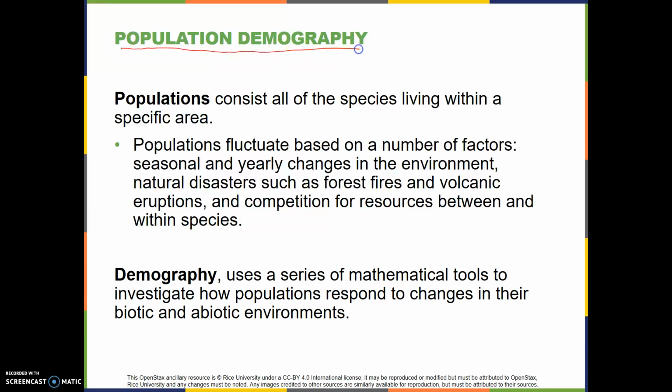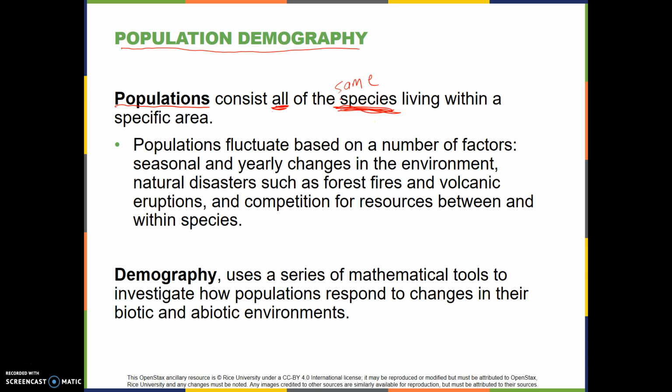So the population is just defined as all the members of the same species that live within a specific area.